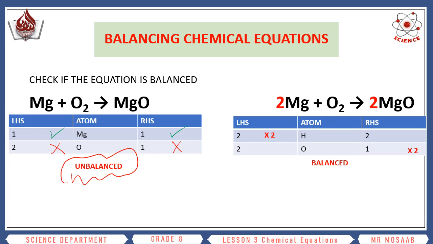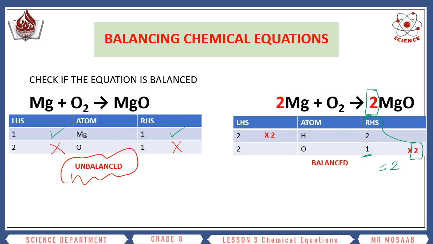How to balance this equation? Directly, as we said, we try to make the oxygen equal. How? By multiplying 1 by 2 equals in total 2. So this number, we will take it and write it here as a coefficient number.